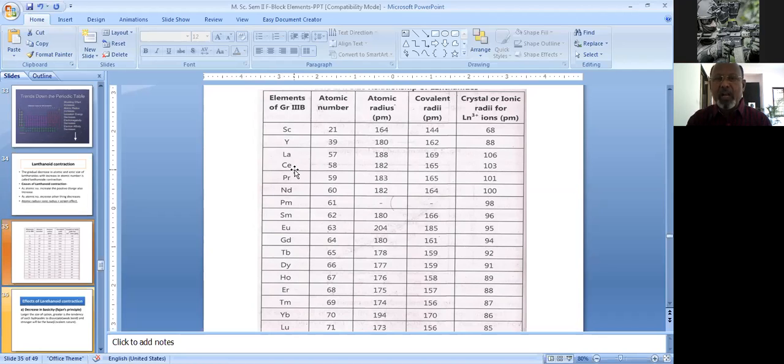But because of lanthanide contraction, we can separate all these ions from one another. It is only because of the difference in size. That is, physical properties of all these elements differ from one another, and because of which we can separate the ions from one another.